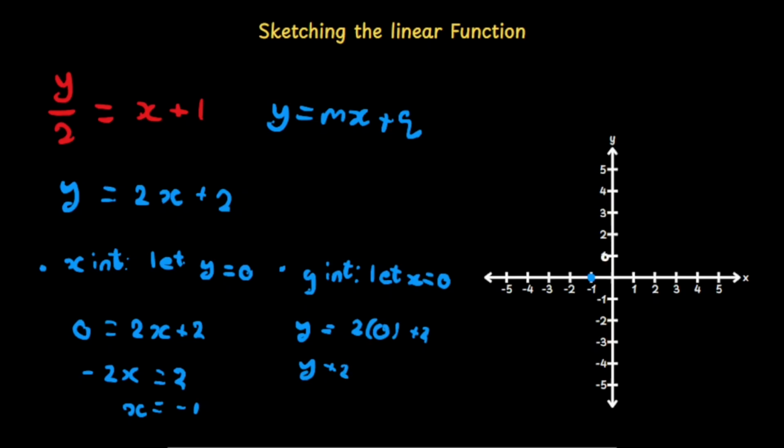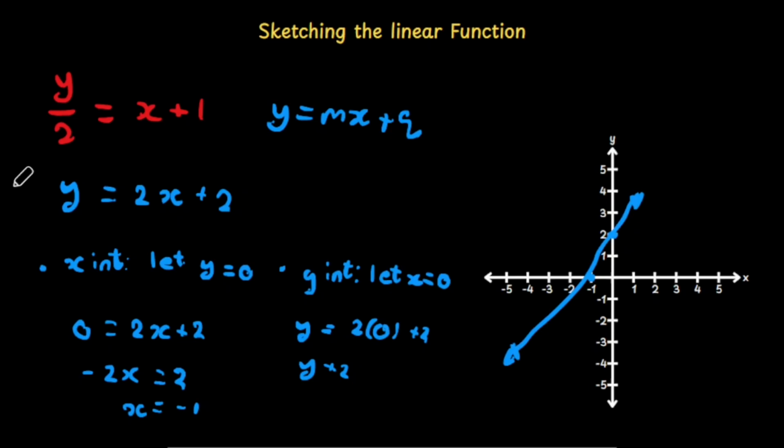And if I go onto the Cartesian plane, I can plot that point. Right? I can draw a nice straight line through these 2 points. And we have successfully drawn our function. That is the linear function that we have just plotted.